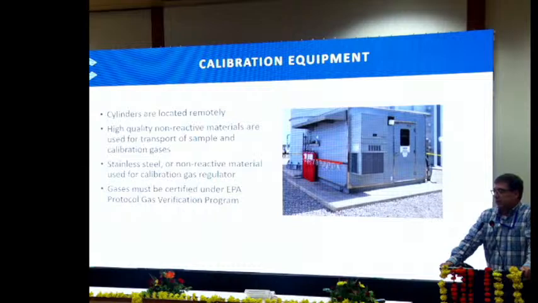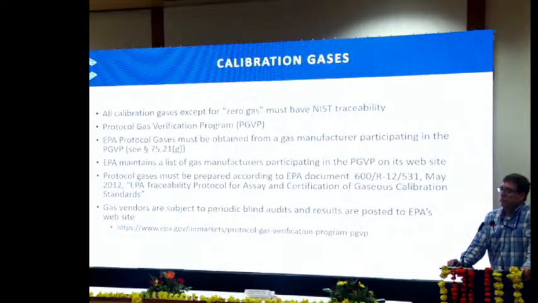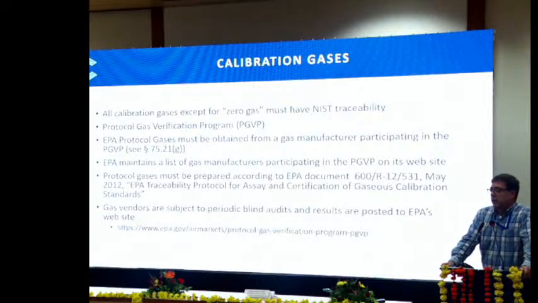Gases must be certified under the EPA protocol gas verification program. All calibration gases except for zero gas must have NIST traceability, which means it goes back to a known standard material.